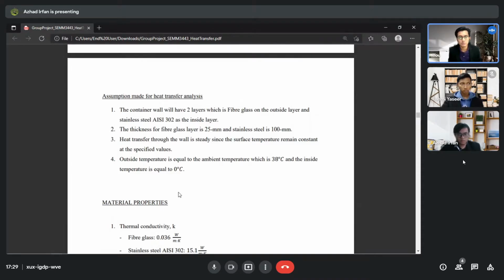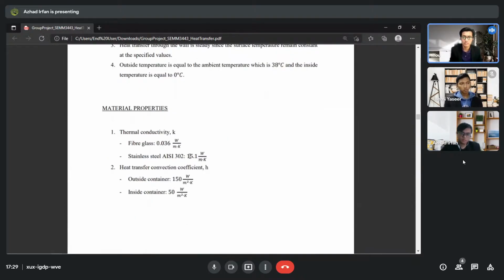Heat transfer through the wall is steady, so the surface temperature remains constant at the specified value. The outside temperature is equal to the ambient temperature, which is 38 degrees Celsius, as mentioned in the question, and the inside temperature is equal to 0 degrees Celsius.